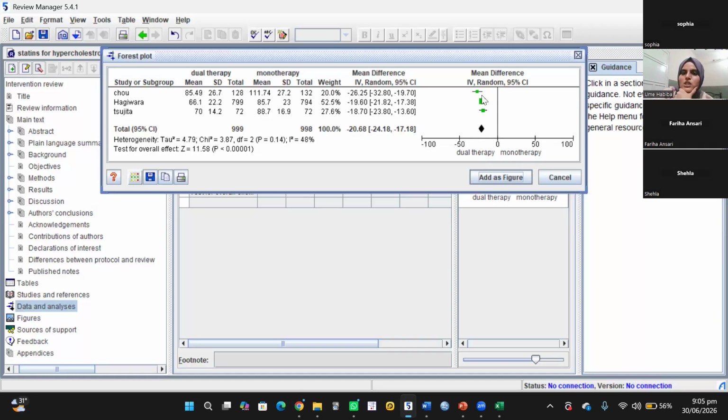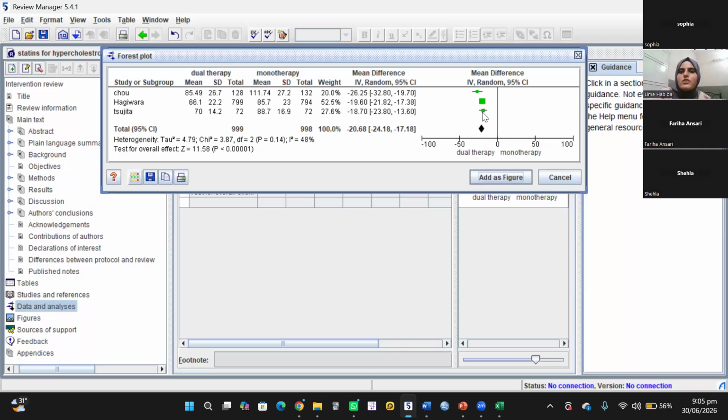Each of the small green squares is my study. So this square is study number 1, study 2, and study 3. You see the line that's going through the square, that's my confidence interval. If the line is very big, of course, the confidence interval is large. If it's small, it means the confidence interval is small. That's what it indicates graphically. Now you can see the sizes of these vary as well.